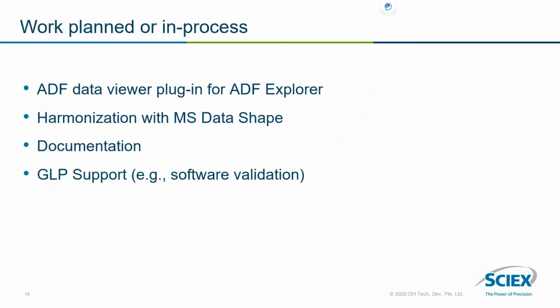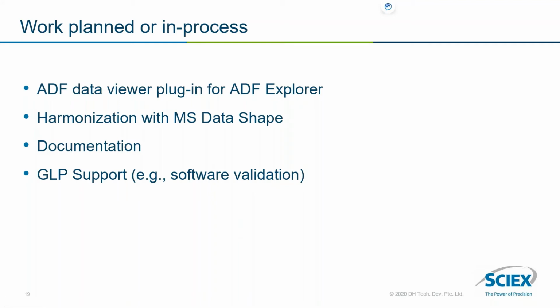So we have some work planned. We plan to produce a data viewer which will plug into ADF Explorer and likely also be able to run standalone. This data viewer would show us, as I said, the detailed chromatograms as well as the tabular data from the results table, acquisition information, and so on.